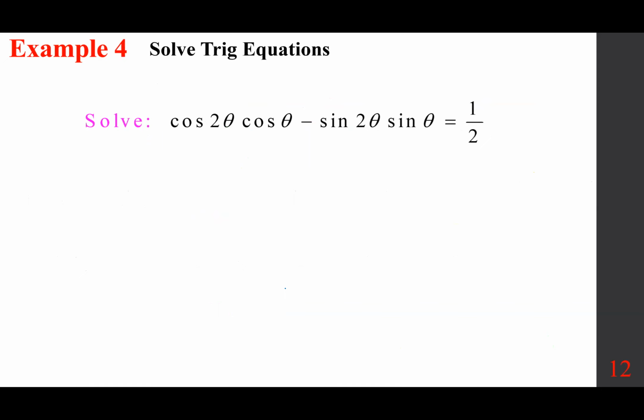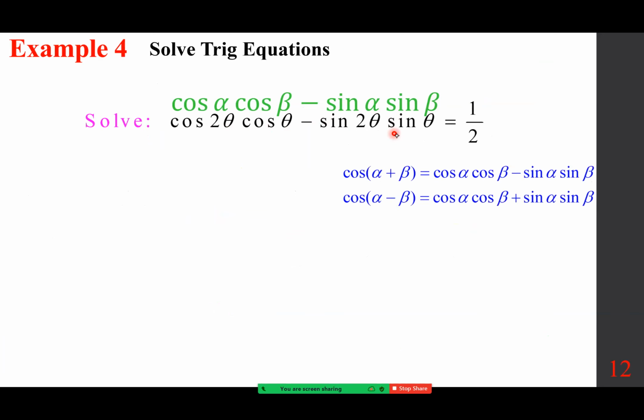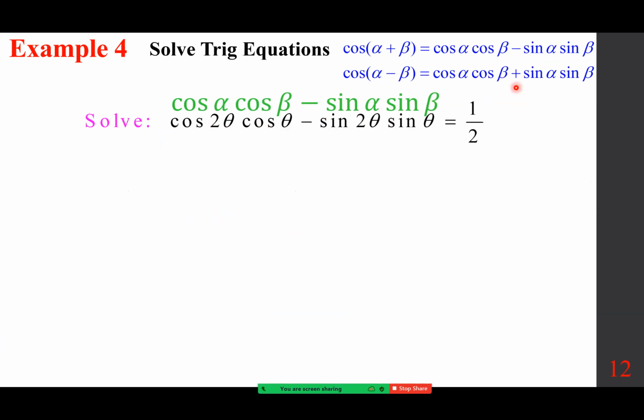All right, we want to solve this equation, and as we read the question, we notice it's a familiar identity. So we write cosine alpha cosine beta minus sine alpha sine beta at top of it. Then we write both formulas so we are reminded as to what's going on.